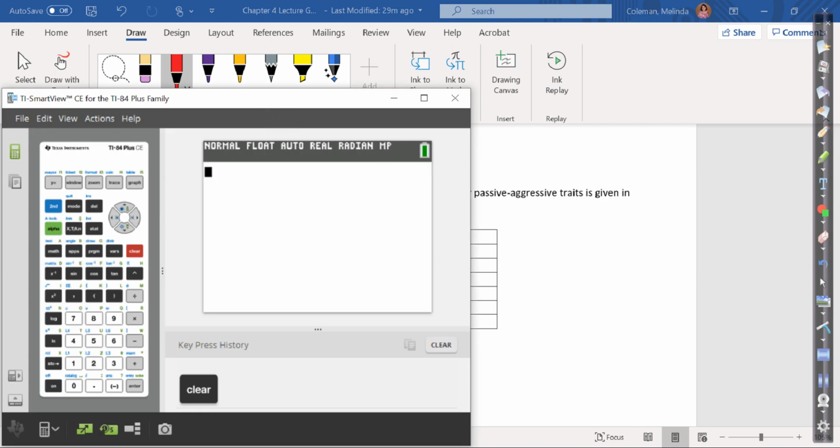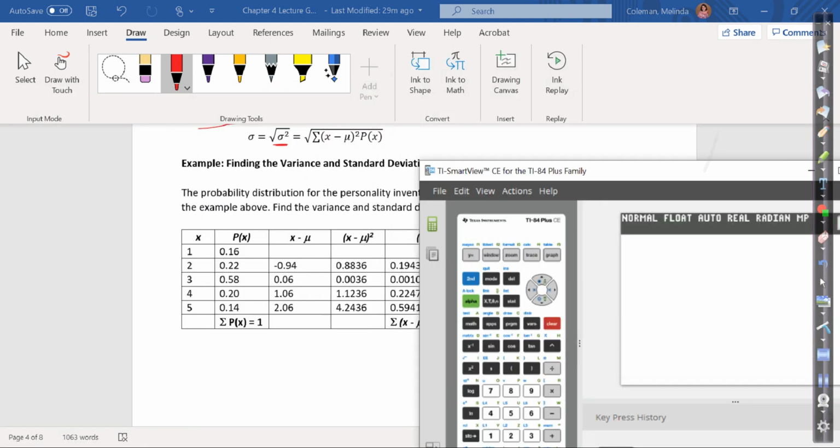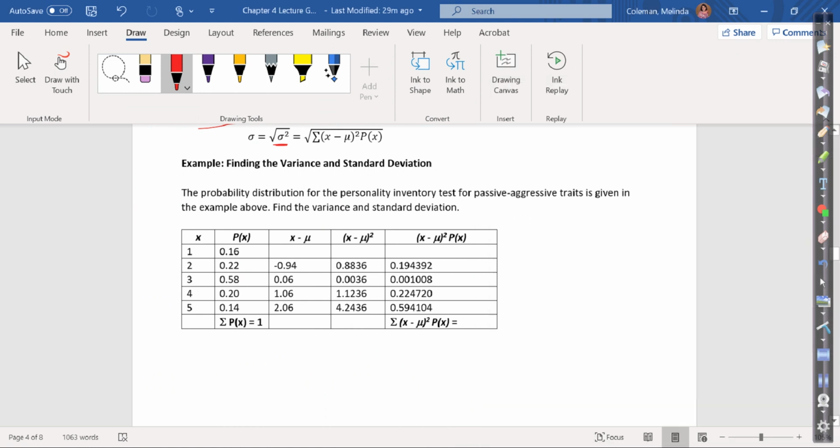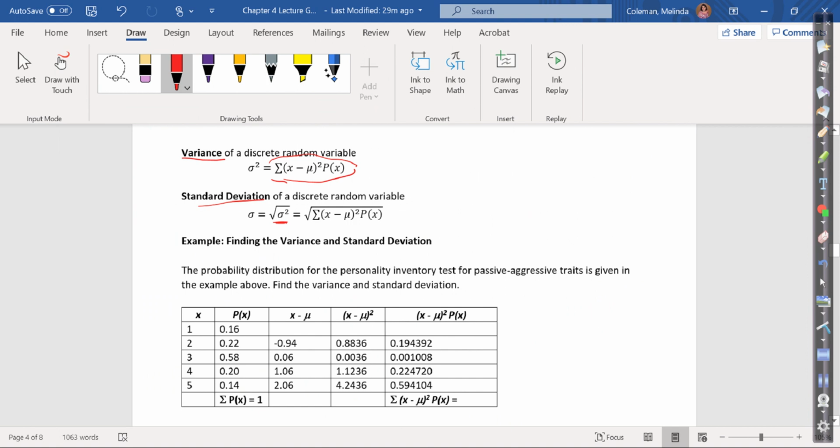So if I look at my calculator, most of the chart is done for us. So again, using order of operations, it says to take x minus your mean. To remind us, we just found the mean was 2.9.